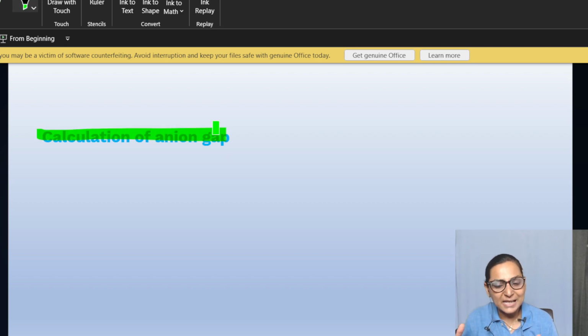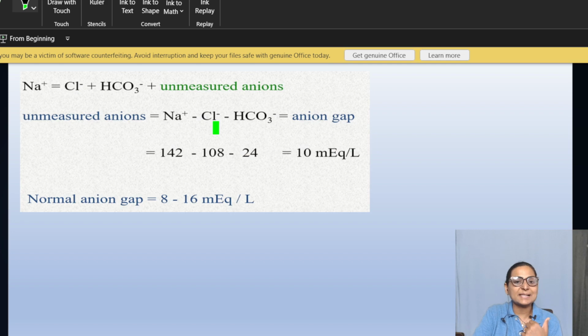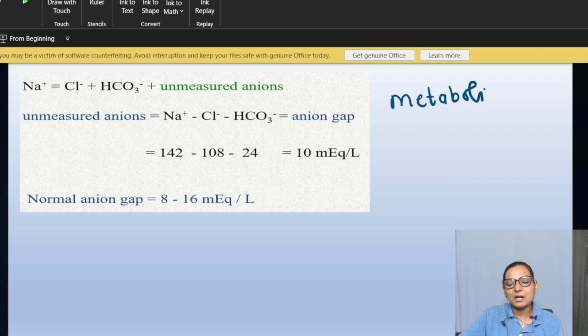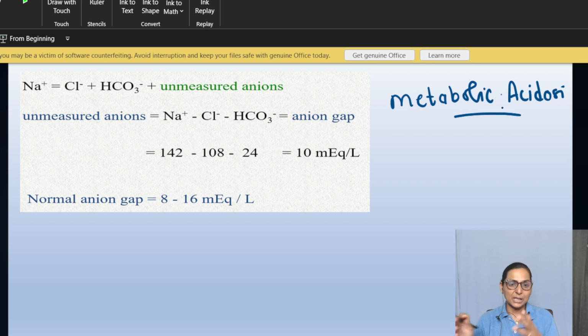The next question which had come was on the calculation of anion gap. I did not get the exact values, but let's see what anion gap is. Remember that the anion gap is something very important, which is only considered when we speak about metabolic acidosis. It is not at all associated with alkalosis. The concept is that there are certain anions in the body which are unmeasured, and that is what creates an anion gap, because normally the total number of cations should be equal to the total number of anions, but that is when we are using the word measured.